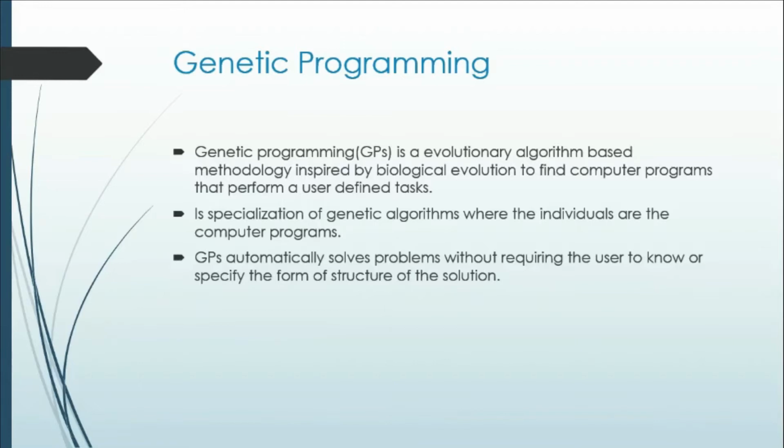GP automatically solves problems without requiring the user to know or specify the form or structure of the solution. So the computer generates programs on its own, or finds the best performing computer program on its own, and thus solves the problem at hand. The user will not be specifying the structure of the solution, but the computer will find it on its own. So that's the concept.